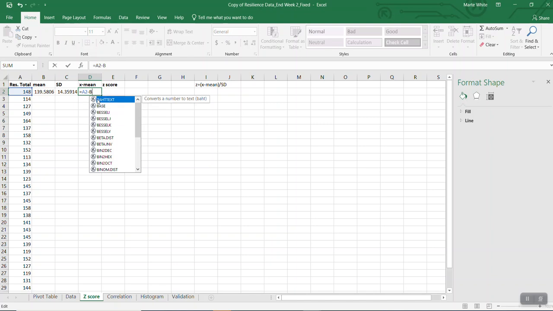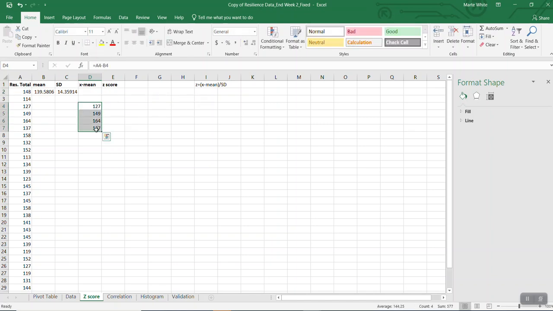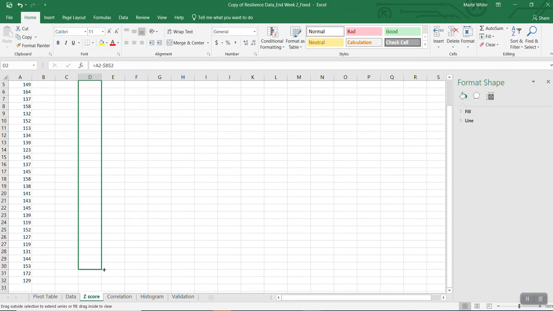It's easier, I'm going to erase these numbers too, just to go equals x minus the mean, F4, enter. And like I said, then you can grab that and bring it all the way down.